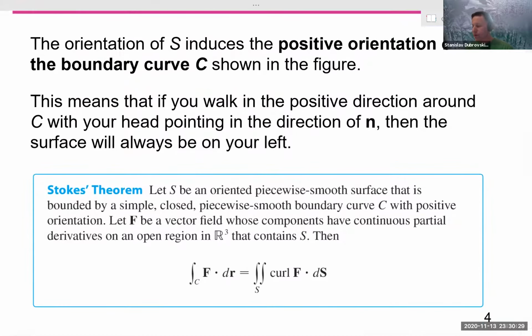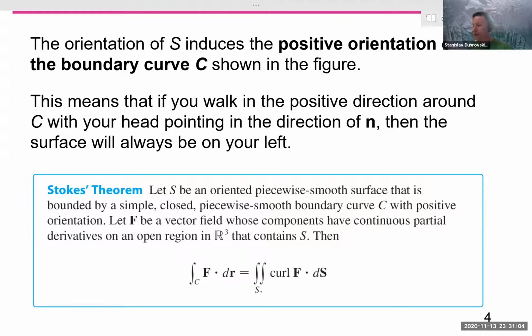So under these two conditions, that the orientation of the curve and the surface are compatible in that way, we have Stokes theorem, which tells us that the work around the edge of your surface is the same as the integral of the curl as projected onto the unit normal to the surface over the surface. Same as the double integral of the curl over the surface, roughly speaking.